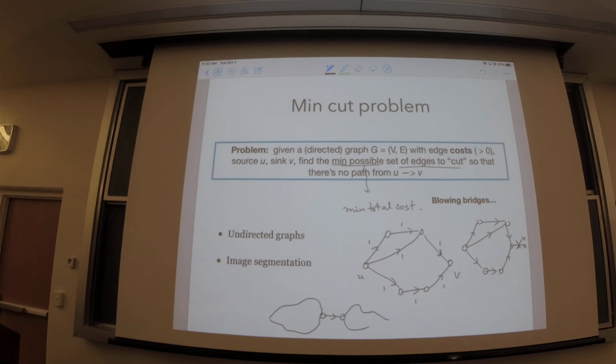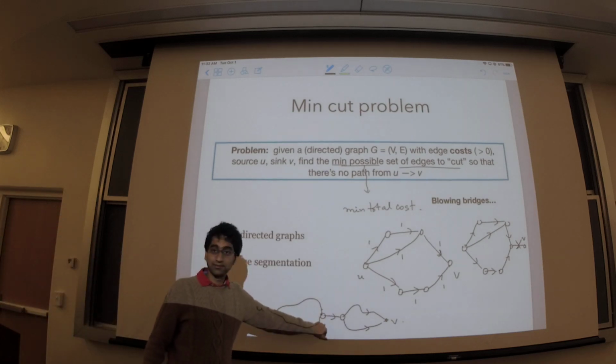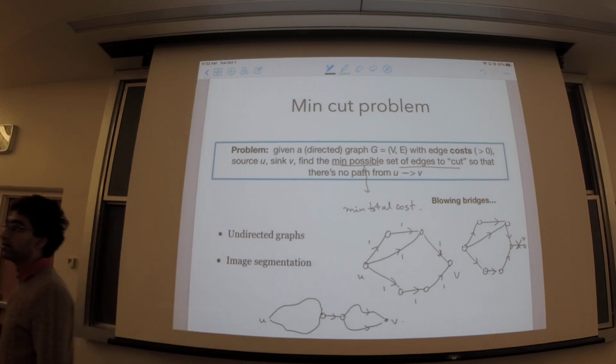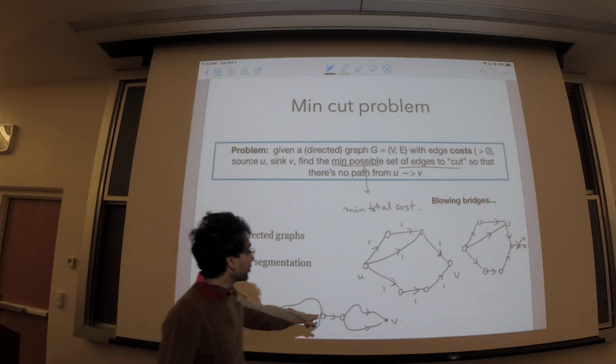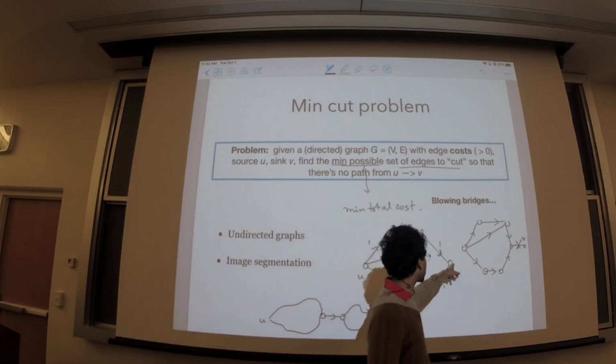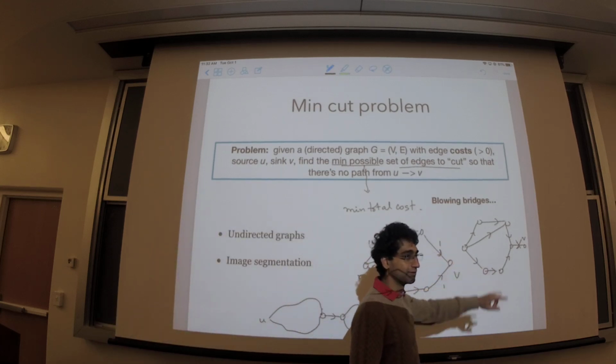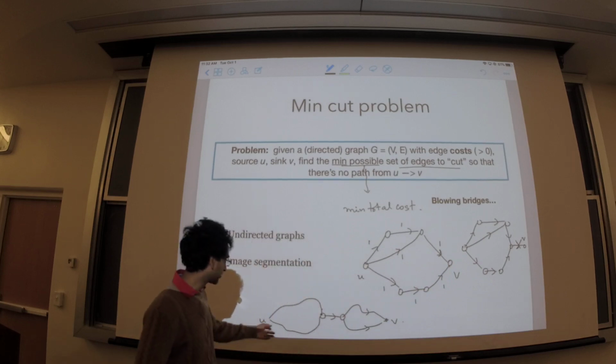Then it's easy to disconnect U from V. So if you had a graph like this, all you had to do is cut something off. The reason I drew this picture is that I didn't want you guys to get the impression that you always cut things connected to V. Sometimes it may be better to cut something in the middle.